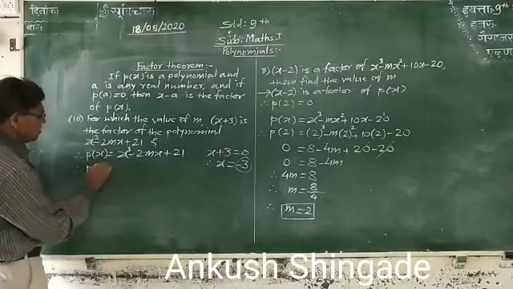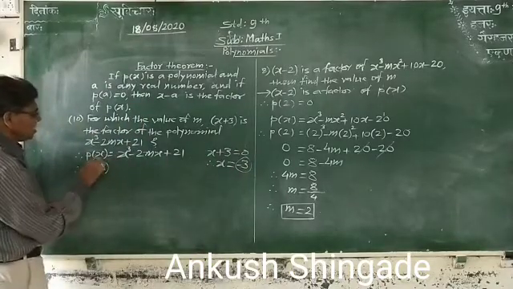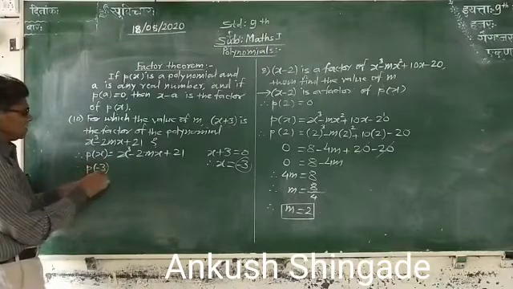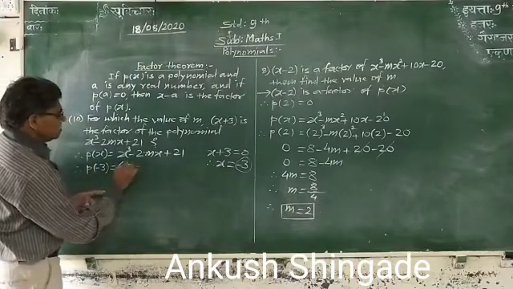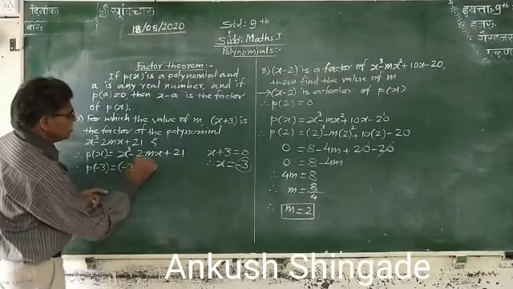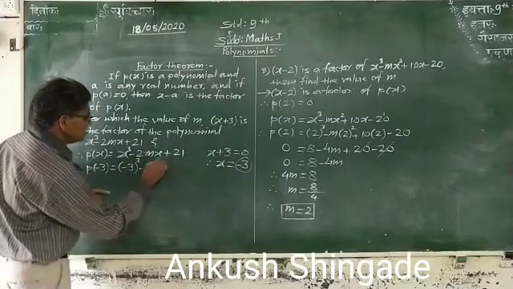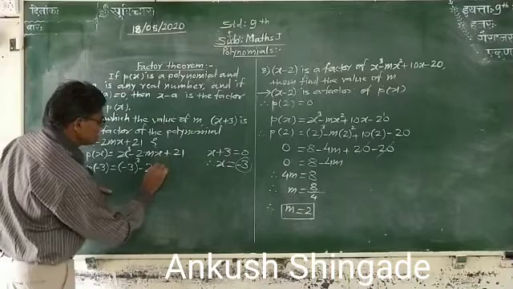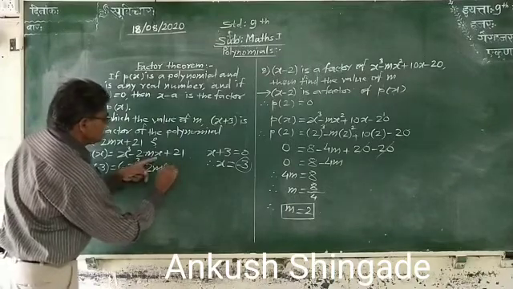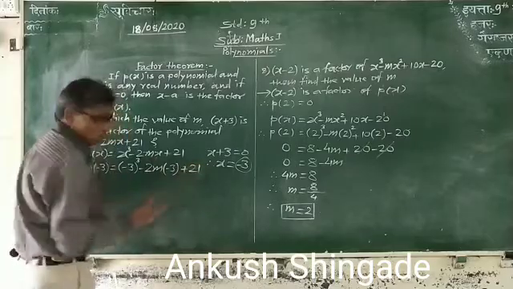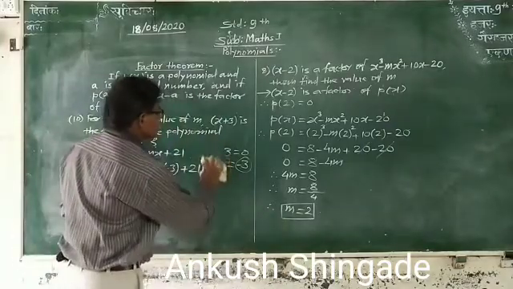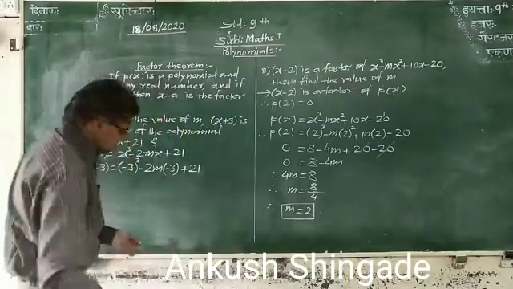So the value of the polynomial for x equal to minus 3, we get minus 3 cube minus 2m into x equal to minus 3 plus 21.